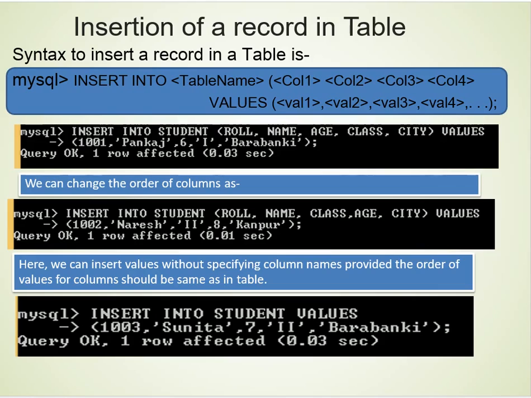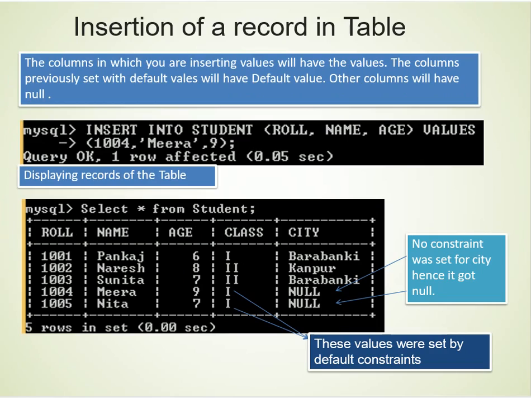Okay, now we will move to the next thing. After inserting records in a table, if you want to display the records you have inserted in the table, which command can we use here? See, the select command. The select command we can use to retrieve the information from the table. Select star from student.